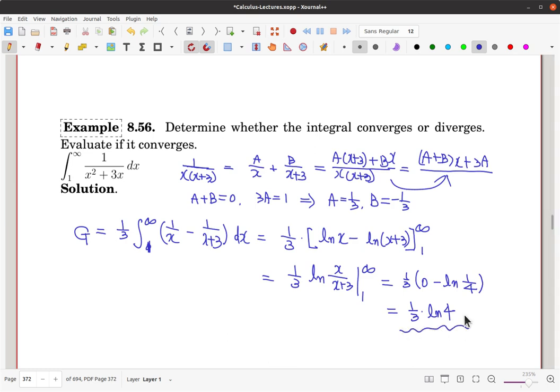Okay, that's the final answer. It's convergent, and the value is 1/3 of logarithm 4.